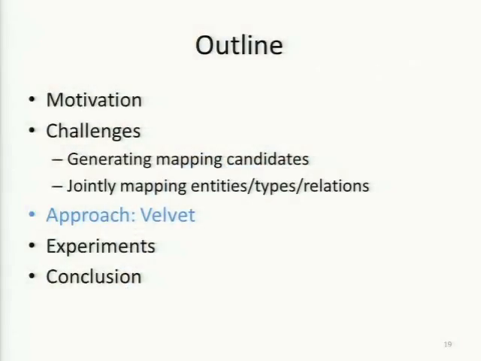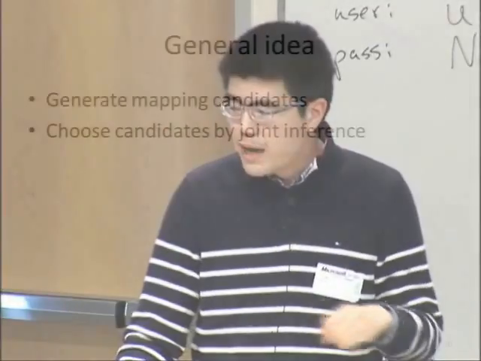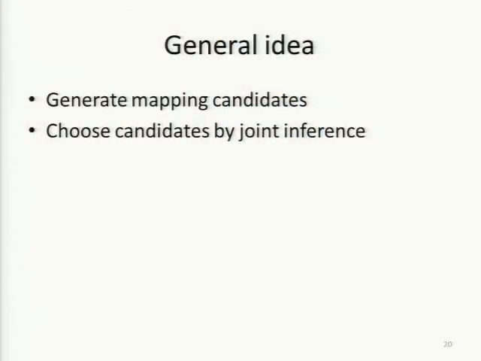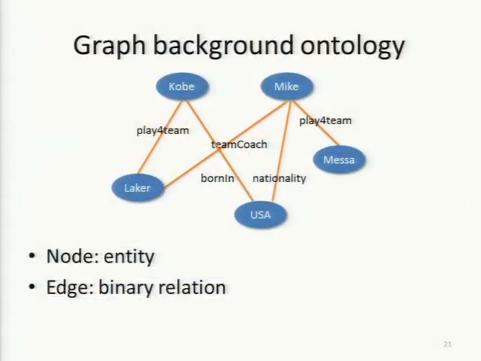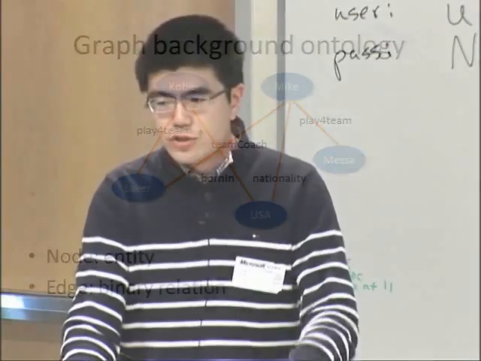We handle these challenges in our system by breaking it down into two steps. The first step is to generate mapping candidates, and the second step is to choose among these mapping candidates by joint inference. We first put the background knowledge into a graph where each node is an entity and each edge is a relation.